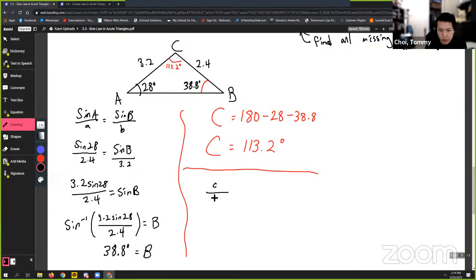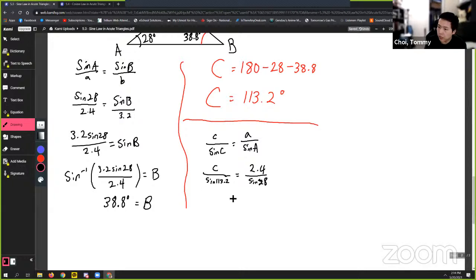The equation I'm going to use is C over sine C is equal to A over sine A. Because we're trying to solve for a side now, I am using the other version where the side length is on top. Plugging in our values, we get C over sine 113.2 is equal to 2.4 over sine 28.